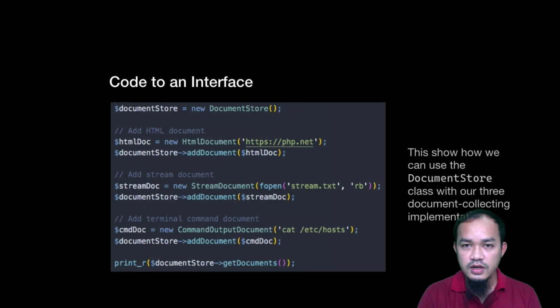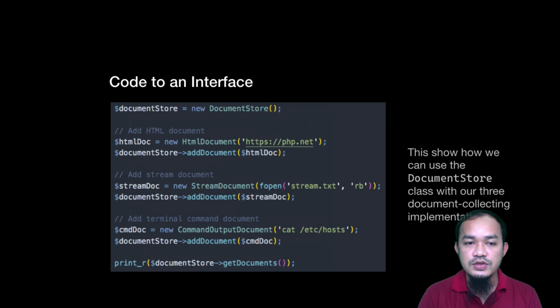For example, here I want to read the file inside the folder etc, with the file name hosts. And then we print out the result by using the getDocument function from DocumentStore. DocumentStore provides two functions, addDocument and getDocument.